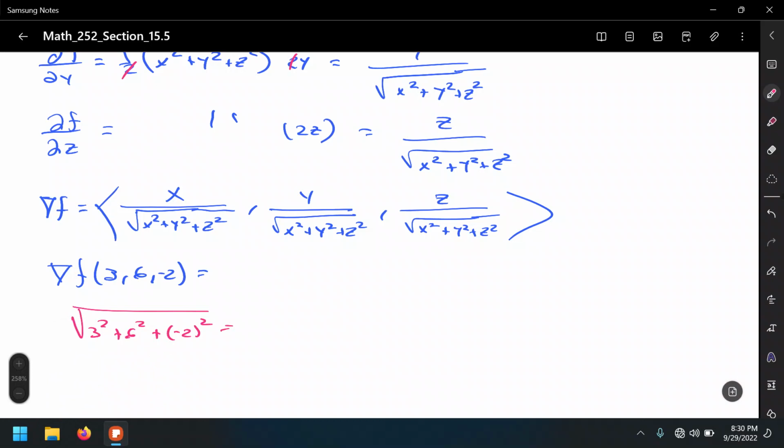And then I will just put it in the denominator of every component here. So that's the square root of 9 plus 36 plus 4. And is that 49? That's the square root of 49, which is 7, which is going to be really nice. Well, coming back to our vector, that's going to be 3 over 7, comma, 6 over 7, comma, negative 2 over 7.